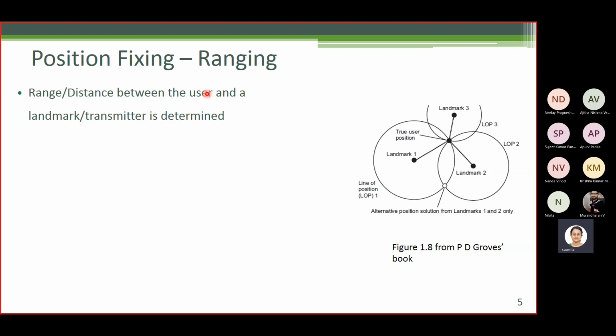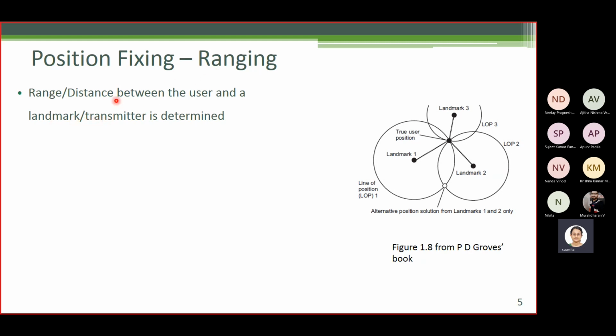So we can interchangeably say user or receiver, and in place of landmark we can say transmitter. Basically they denote the same thing. Generally we will use the term transmitter.